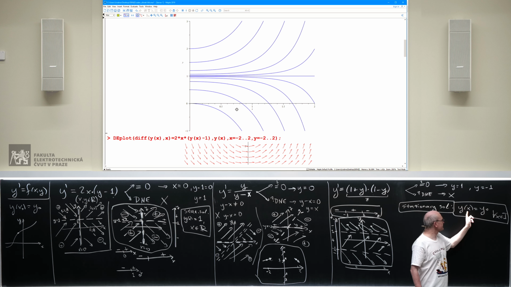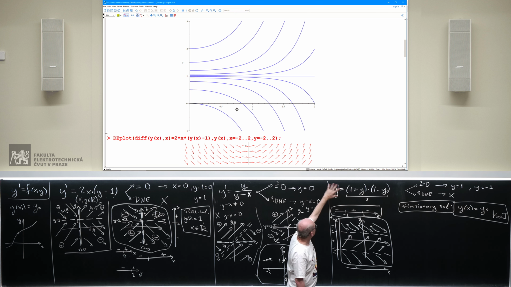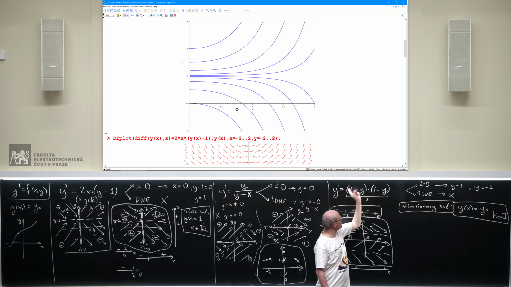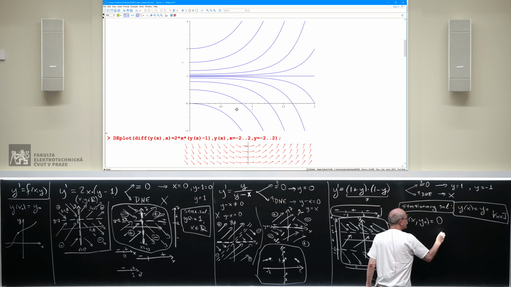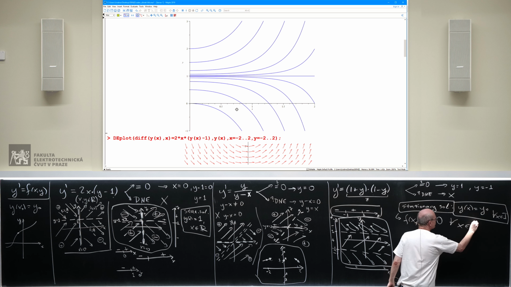Well, the derivative of such a solution is always 0, and therefore the stationary solution, if I put it into the right-hand side, also must be always 0, regardless of time, regardless of x. So the test for stationary solution is that the value y0 must satisfy the following equation. f(x, y0) is equal to 0 for every x.